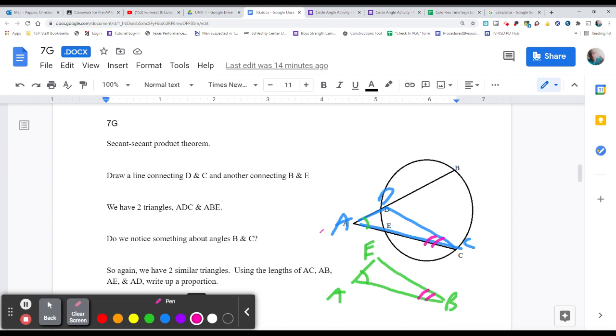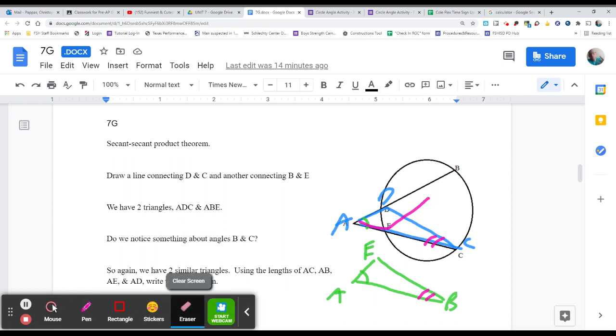Now, I don't want to really use E with, hang on. I apologize for that. Wrong color. I apologize.